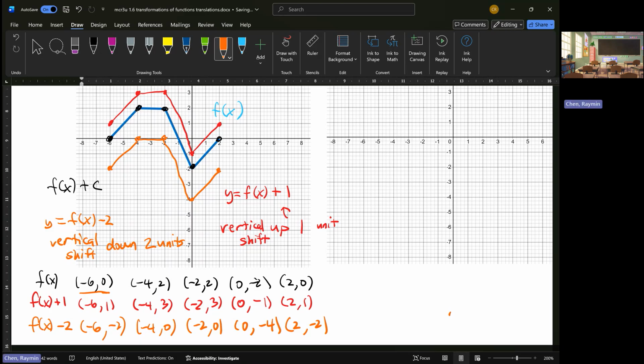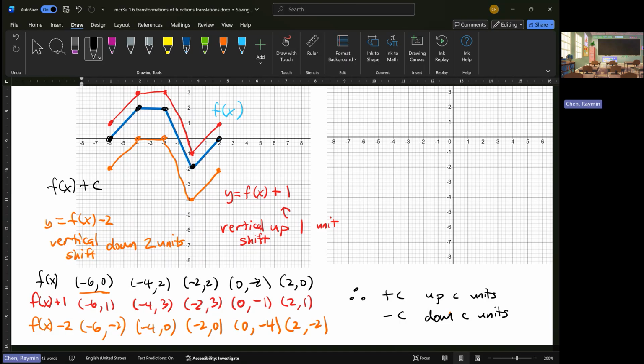One more time, as a summary, when you have a plus c, it goes up c units. If you have negative c, it means to go down c units. I apologize. I'm going to erase the screen, so feel free to take a snippet or snapshot.